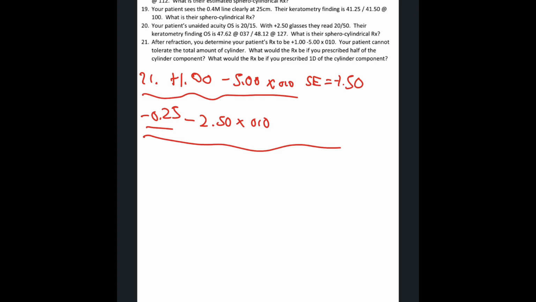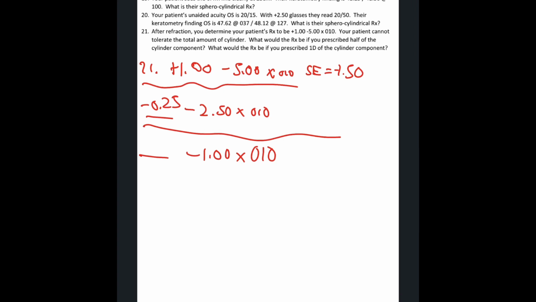Okay, and then the final situation is we know the cyl we want to give is minus 1, same axis, and we still need to find the sphere. And so we do spherical equivalent, which is minus 1.5 equals sphere plus half of the cyl, which is minus 1, and we get minus 1.50 equals x minus 0.50.